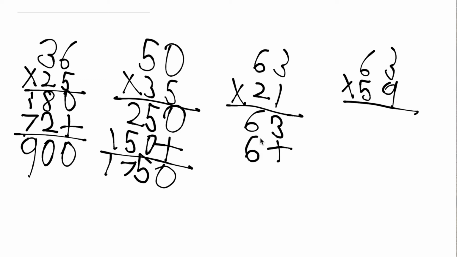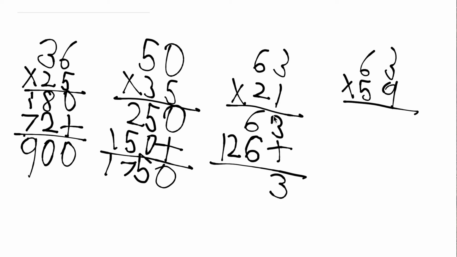And after that, 6 times 2 is 12. So we put 12 right here. And it's 1,260, but you can say it's 126. Now let's do it. So 3 plus imaginary 0 is a 3.